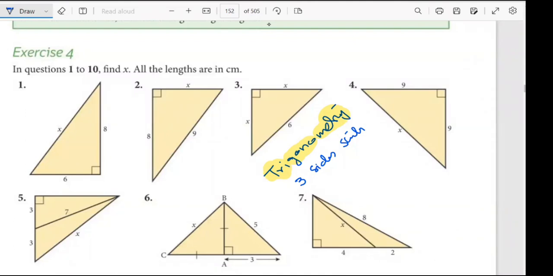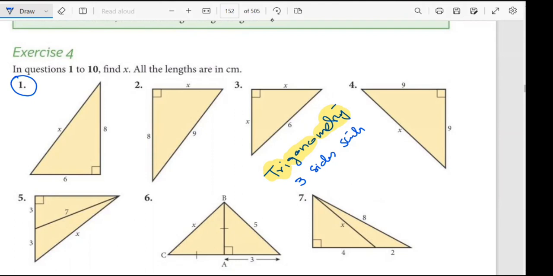So the first thing we are going to discuss is the right angle triangle with three sides. In Pythagoras theorem, whenever we have any two sides of a right angle triangle, then we can find the third side, right?